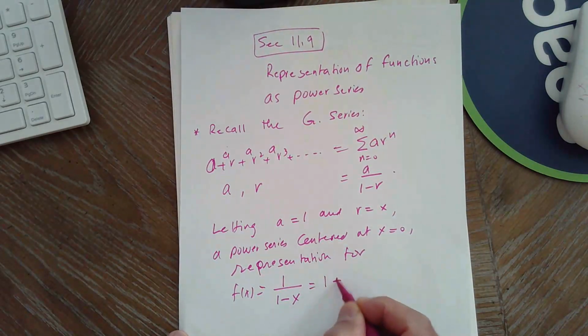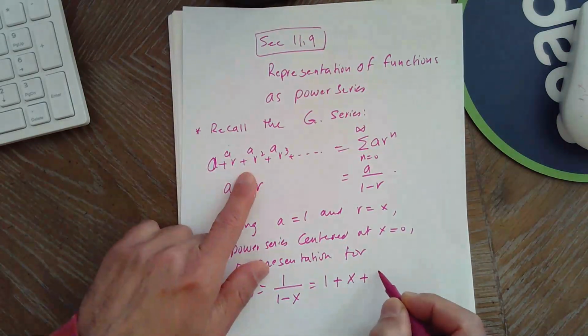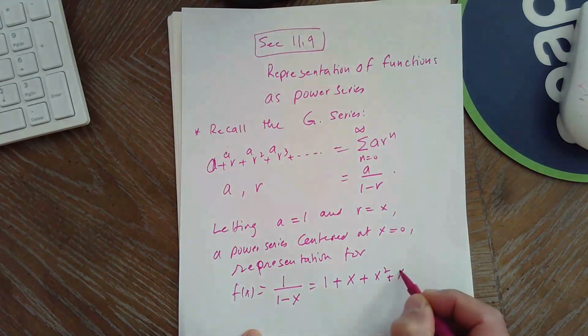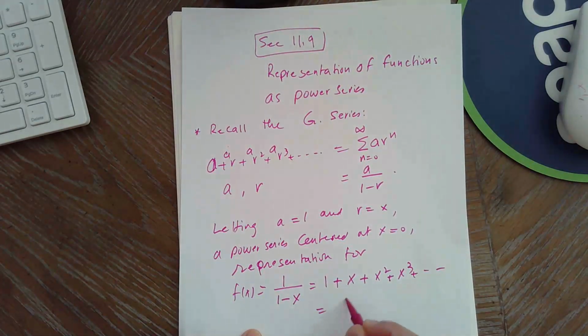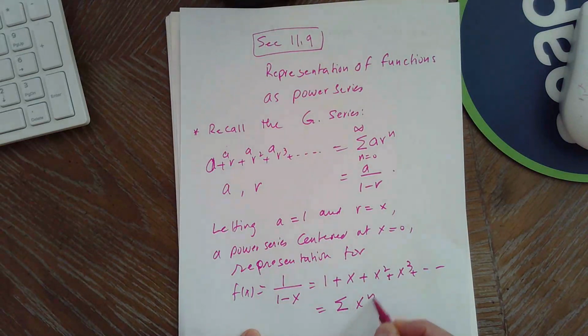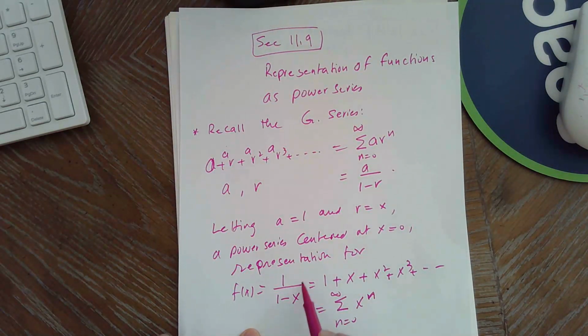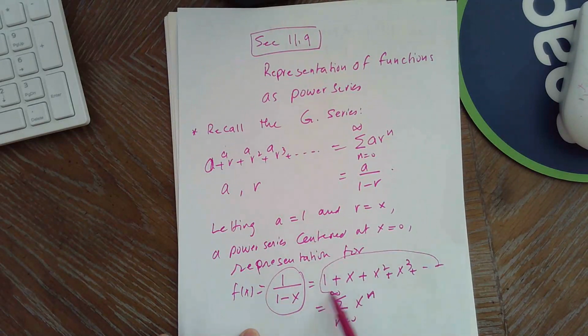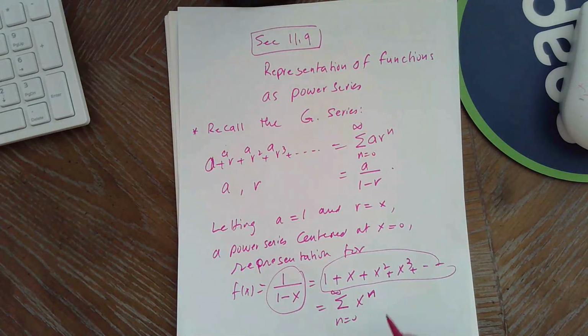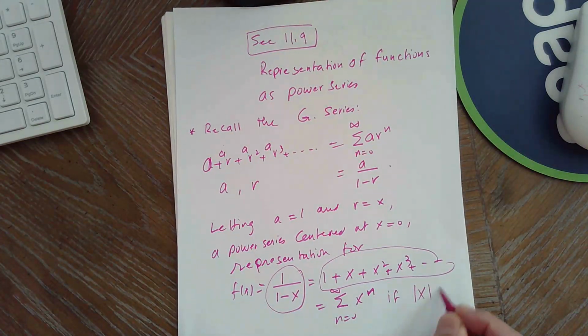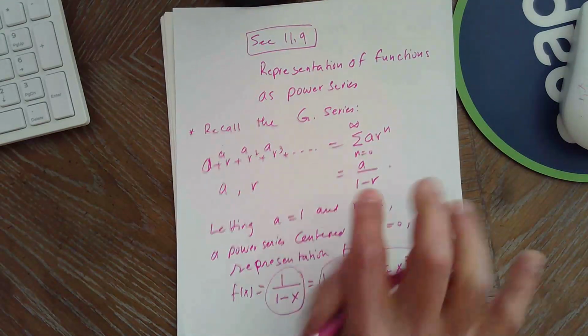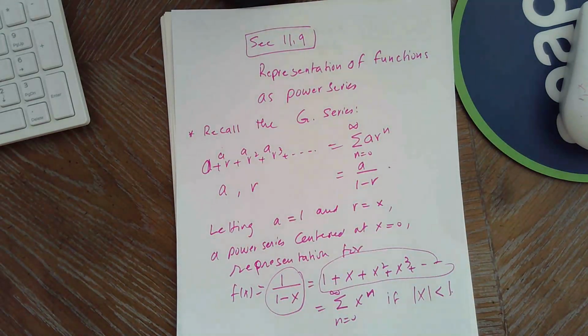So it would be 1 plus x plus x squared plus x cubed and so on, which is the sum of x to the n from n equals 0 to infinity. So you can see we can represent this function by this power series. And this is true, of course, if the absolute value of x is less than 1. That's when the series converges.